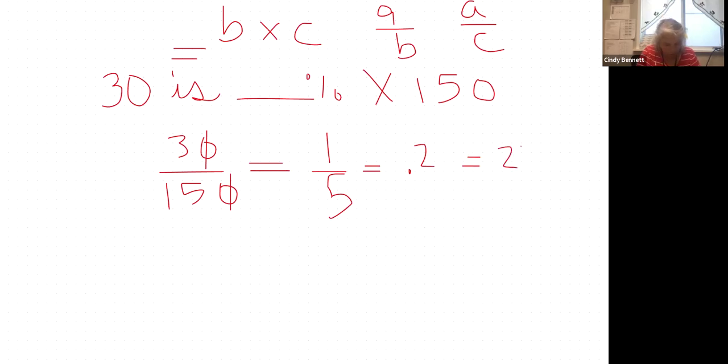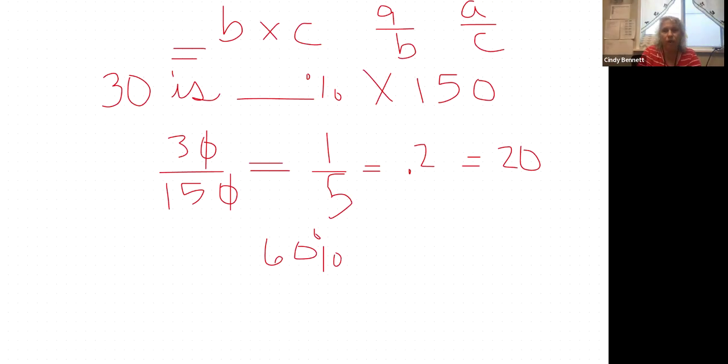Okay, that's one style. And you have Macy was nominated for the All-State Volleyball team. She received 60% of the coaches' vote. If 20 coaches voted, how many votes did Macy receive? So in this case, we have the percent, which is 60%, and we have the number of 20 coaches voted.